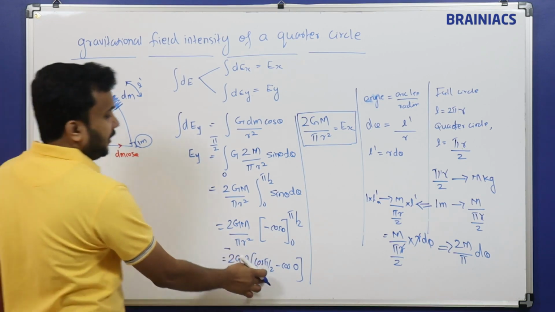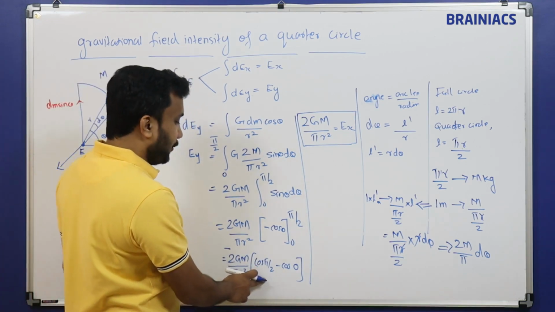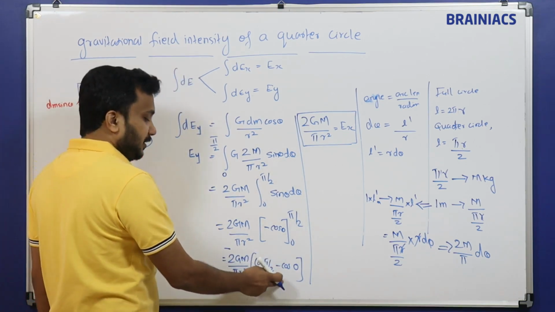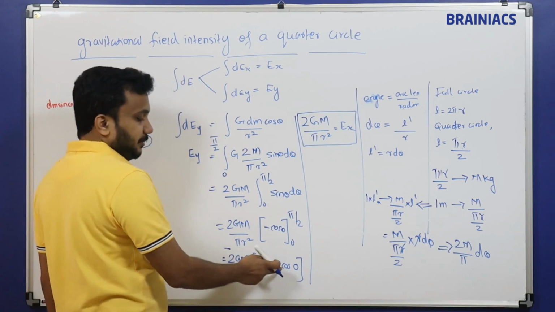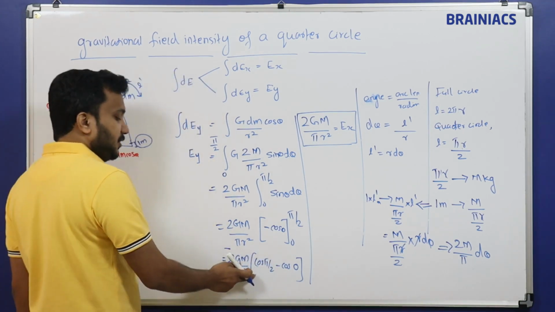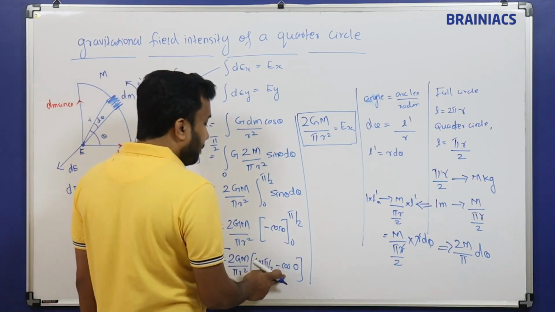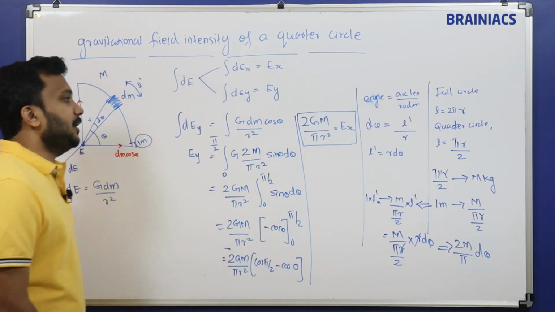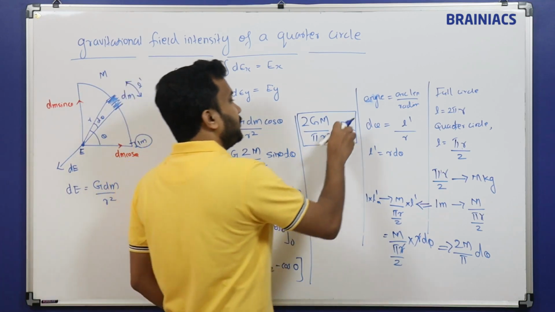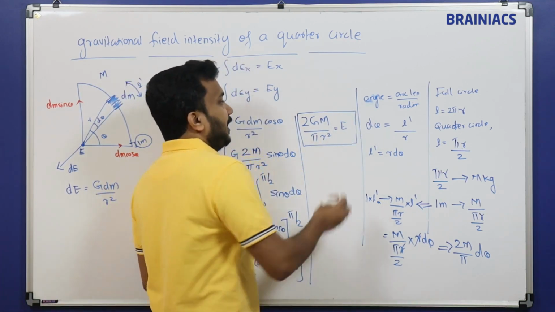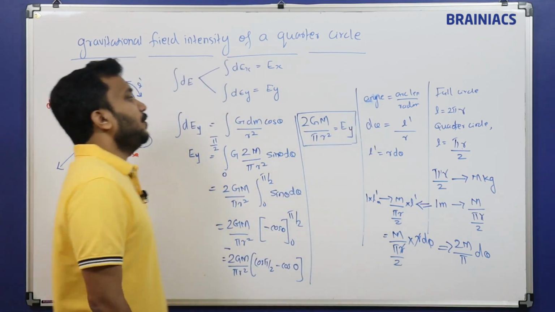What is cos pi by 2? Cos pi by 2 is 0. Cos 0 is 1. So this minus and this minus become plus, and we get 2gm by pi r square. Hence you get the value for gravitational field intensity along the y direction.